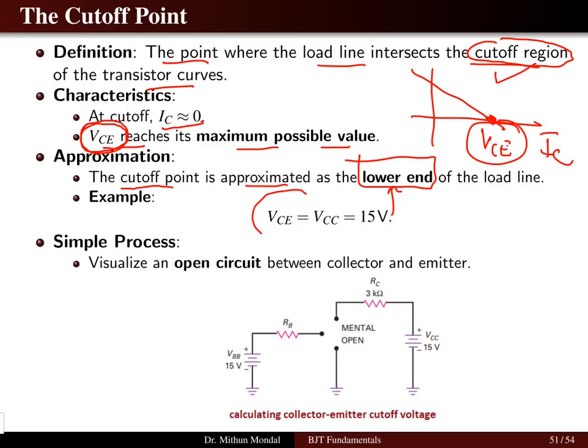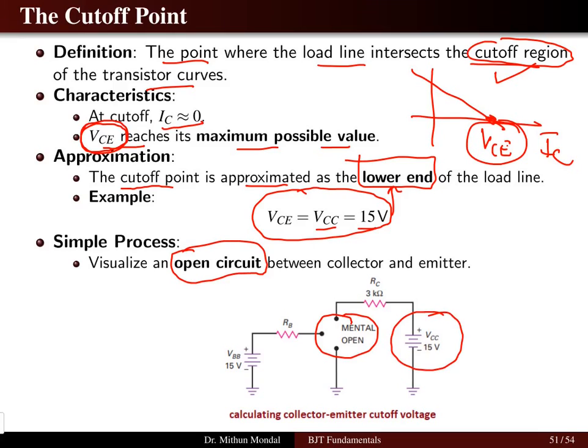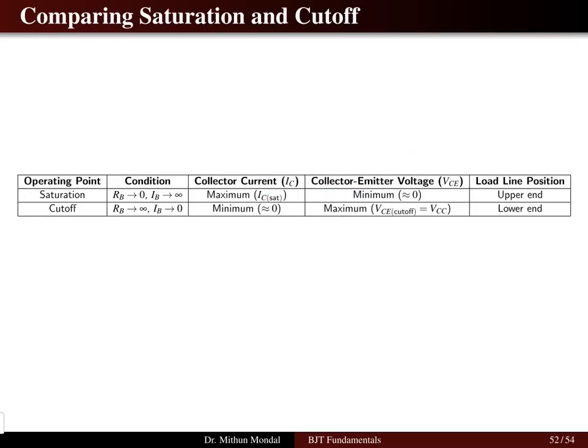Here the collector-to-emitter voltage is directly equal to the collector voltage, which is 15 volts. Previously we analyzed it as a short circuit. Now we visualize the circuit as an open circuit. If you imagine a mental open for the transistor, the collector voltage is equal to the collector-to-emitter voltage. This is the cutoff point for the transistor.